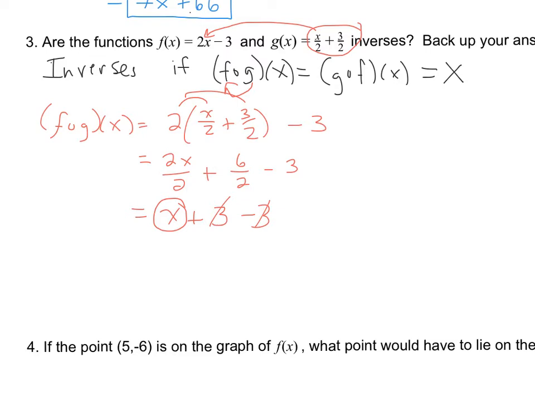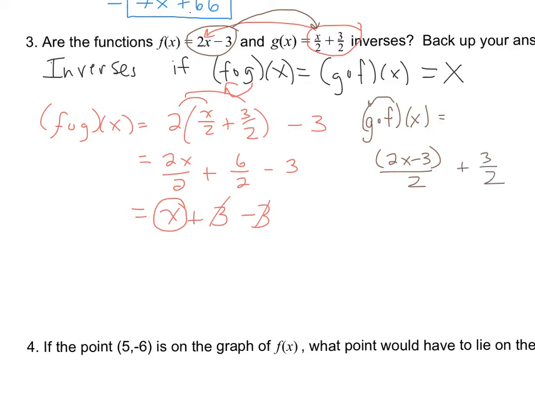Now I also have to show that g composed with f of x is also x. In this case, I'll put f into g. I'll take 2x minus 3 and put it in for that single x in the other one. It was x over 2 plus 3 over 2, so now I'll write it as 2x minus 3, divided by 2, plus 3 over 2.